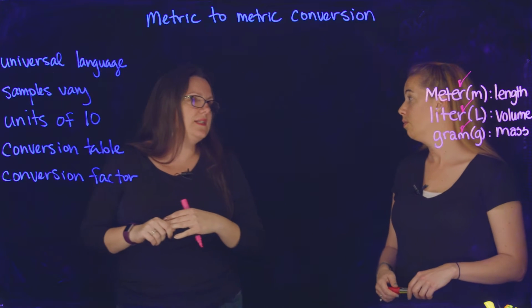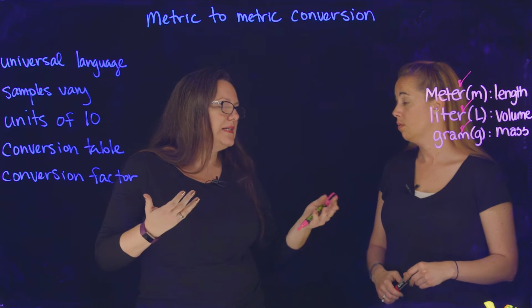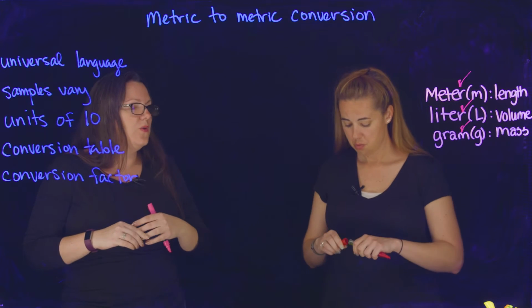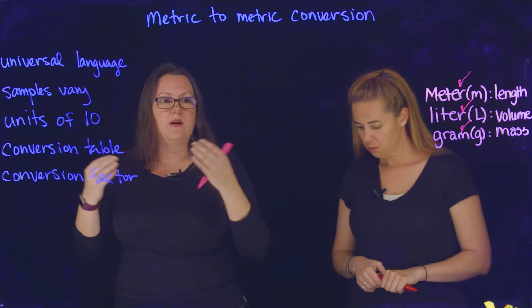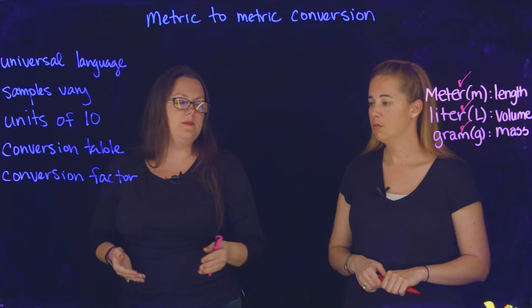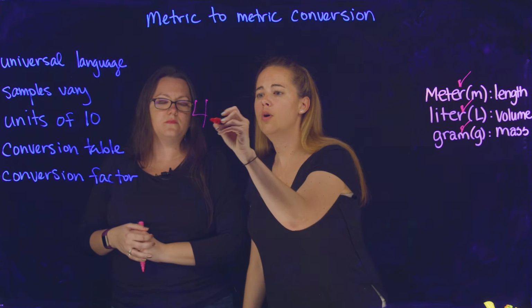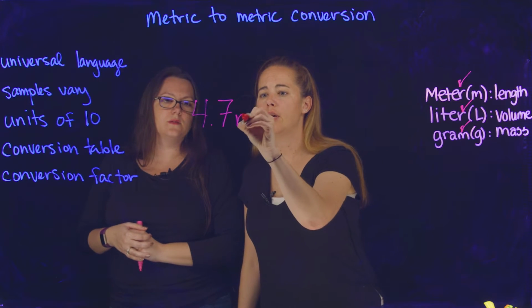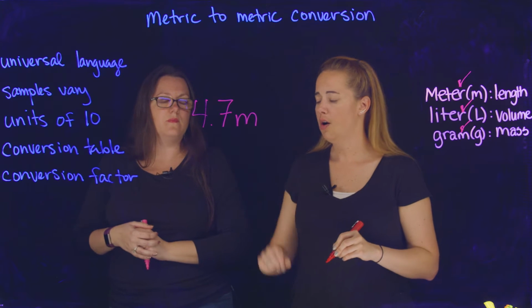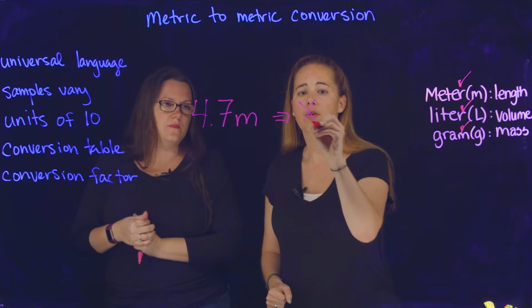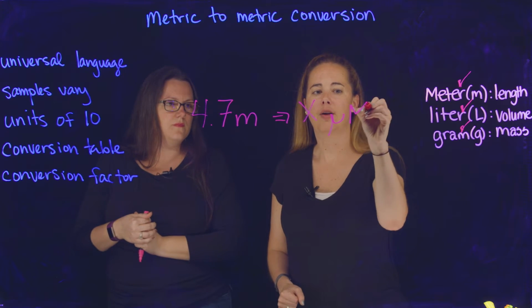Let's work through a practice example of a calculation that our students might need to perform. Typically we'll present you a measurement in one unit and ask you to convert it to another unit. So let's go with 4.7 meters. This is our original measurement, a length. Then I want you to convert it into micrometers.